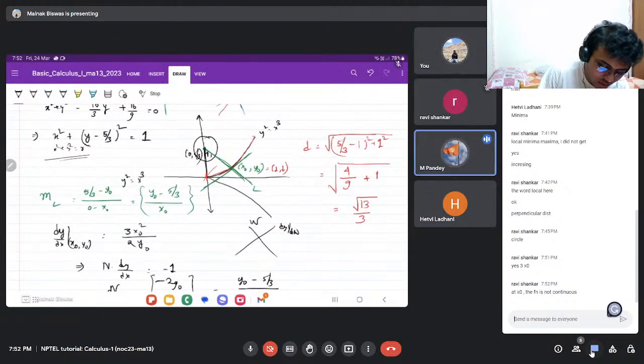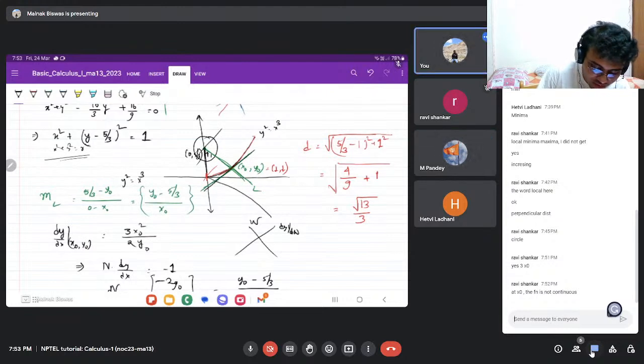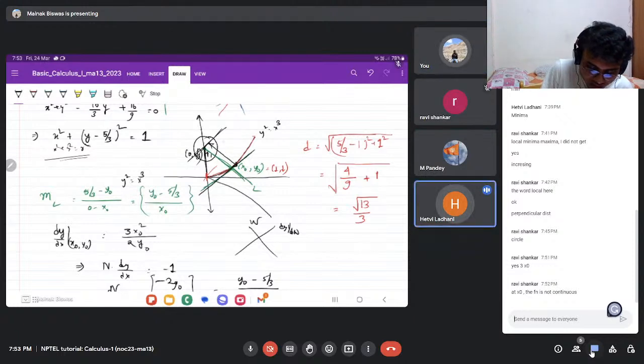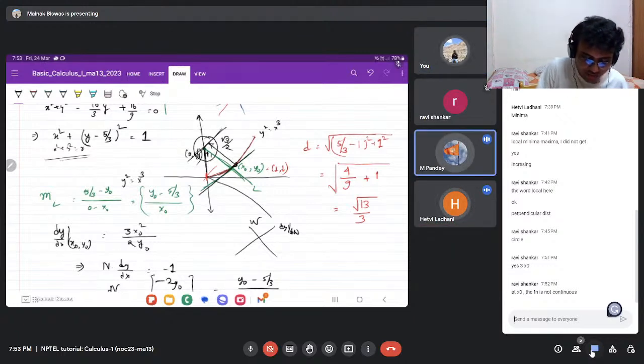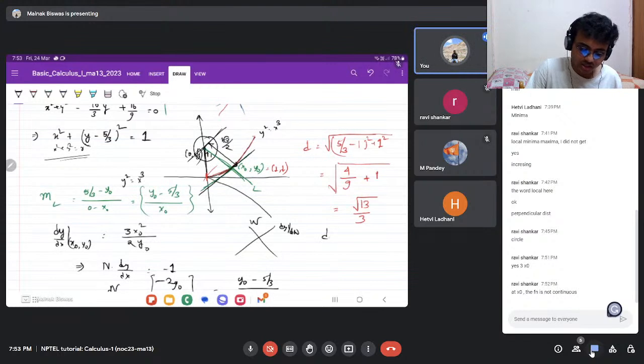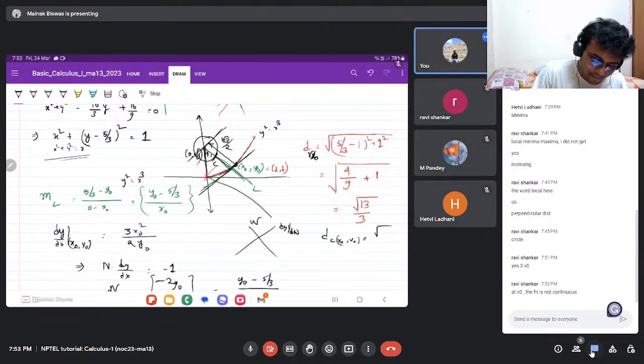No. See, you are not paying attention. Minus 1. This is the distance, sir, right? We have to minus the radius. Minus 1. Yes. So the distance from the surface to x naught y naught is root 13 by 3 minus 1.